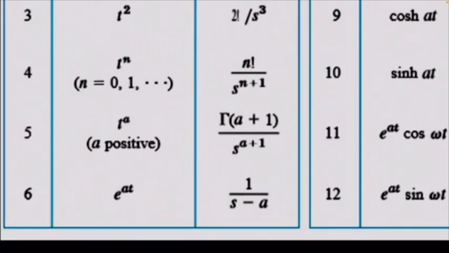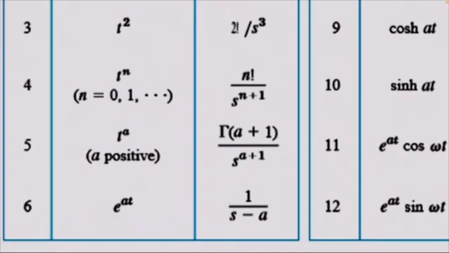Formula number 4, if we have t raised to n, where n is equal to 0, 1, 2, 3, 4, 5, and so on, all positive integers and 0, its Laplace transform is n factorial over s raised to n plus 1. Number 5, we have a gamma function. Formula number 6, which we derived in our second example, the Laplace transform of e raised to at is equal to 1 over s minus a.